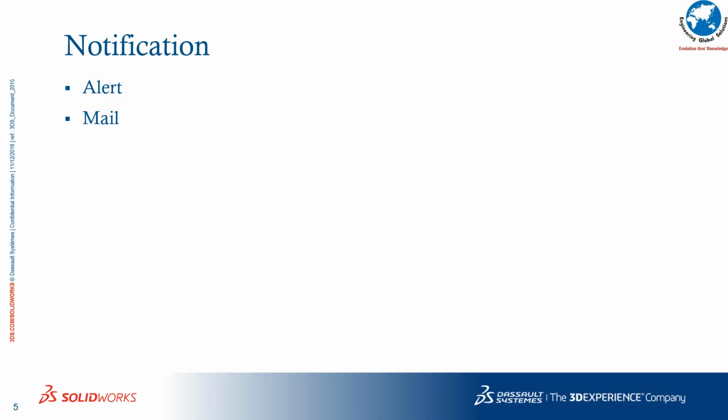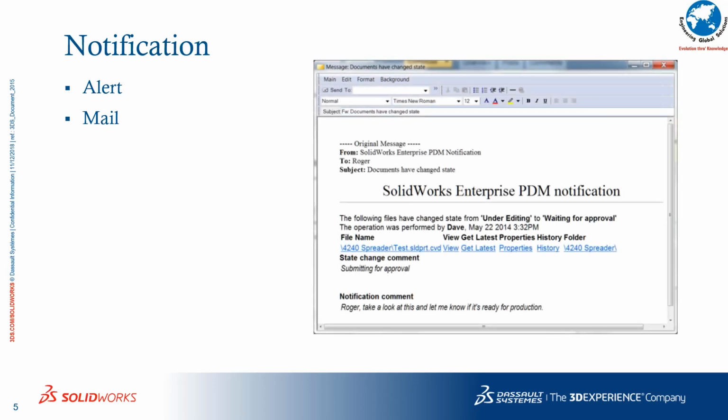Notification: in PDM, each and every event and action can be notified to the corresponding users. There are two types: alert and mail. Alert is a pop-up notification on each and every client system. Mail is through mail ID. This is a sample of mail notification.